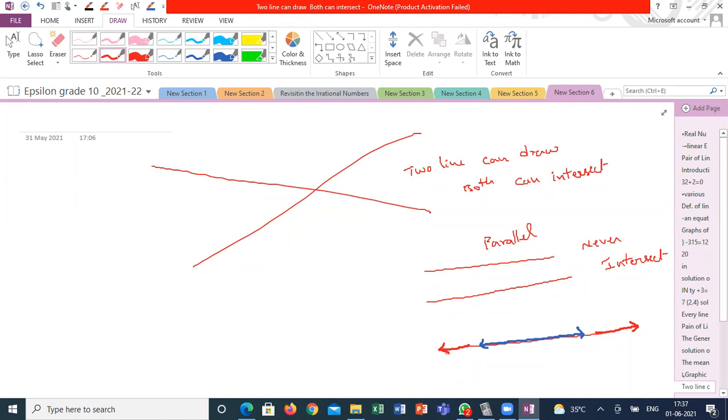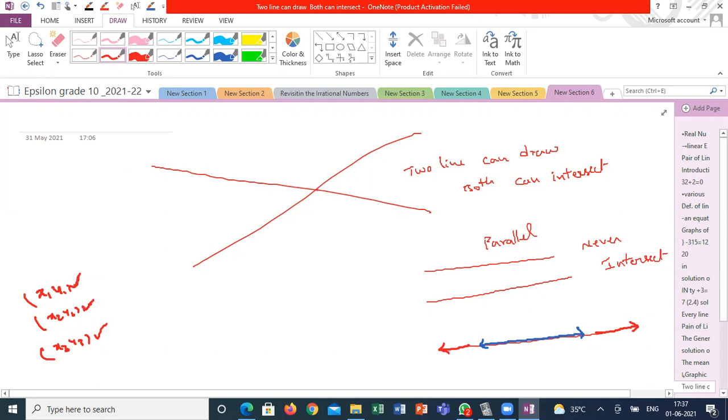See, in yesterday's discussion, if I want to trace a line, I need some coordinates: x1 comma y1, x2 comma y2, x3 comma y3. These are the solutions of one line. That means if you substitute x1, y1, it is satisfying, and x2, y2, it is satisfying.